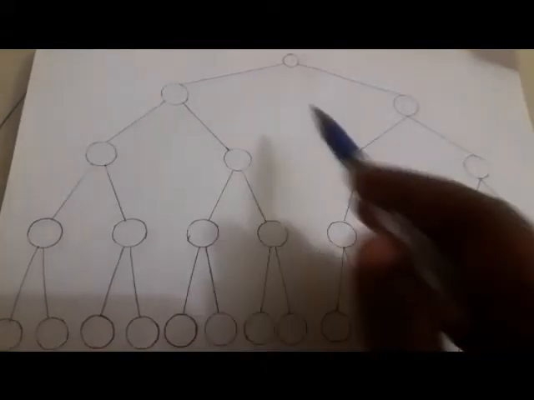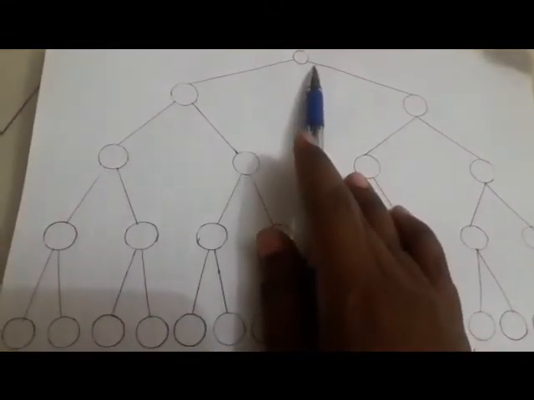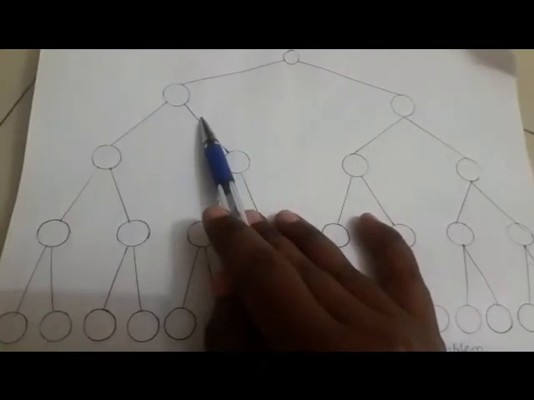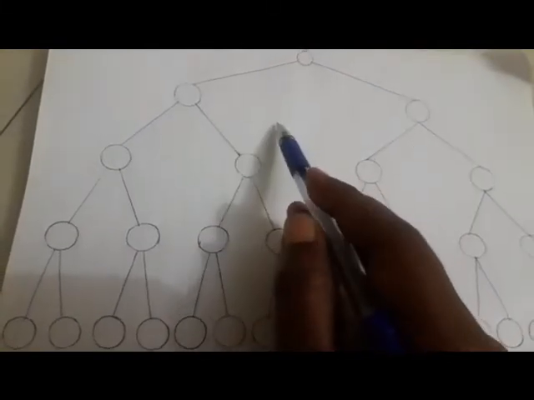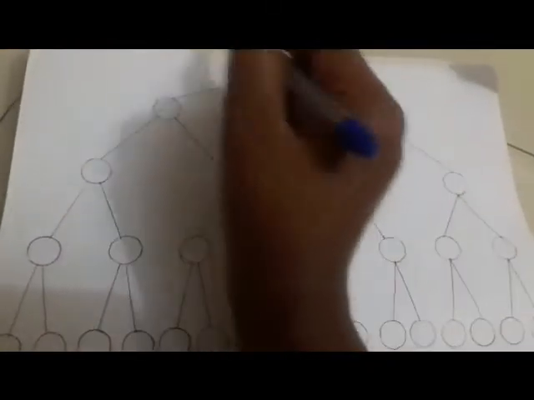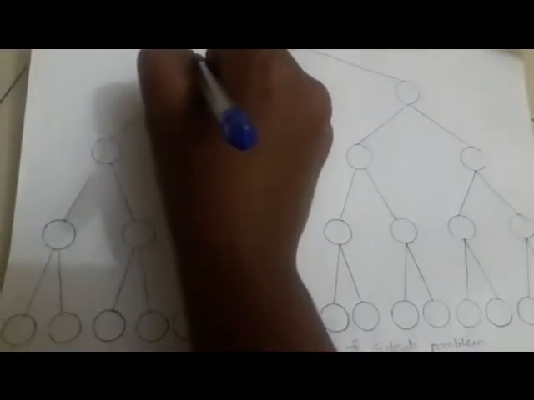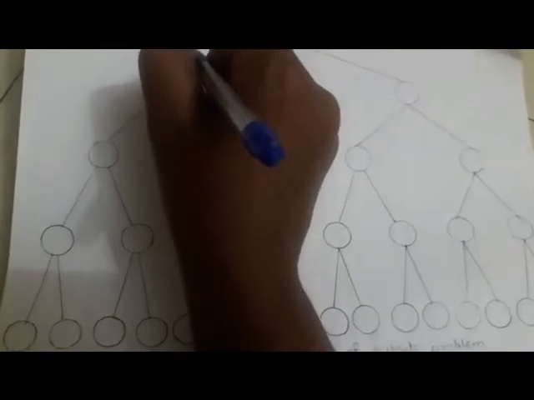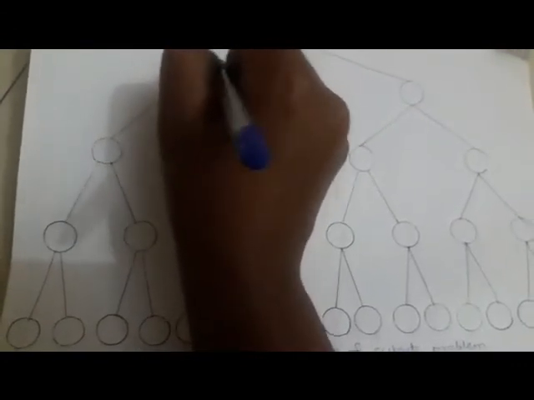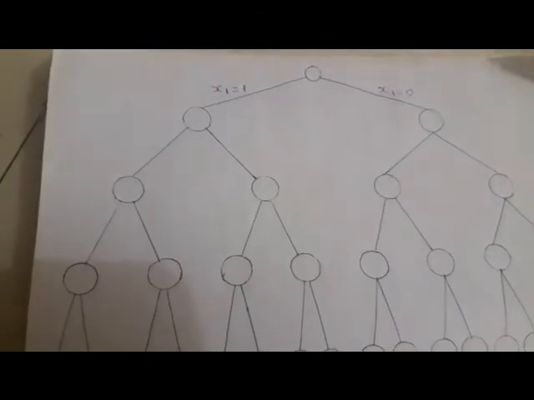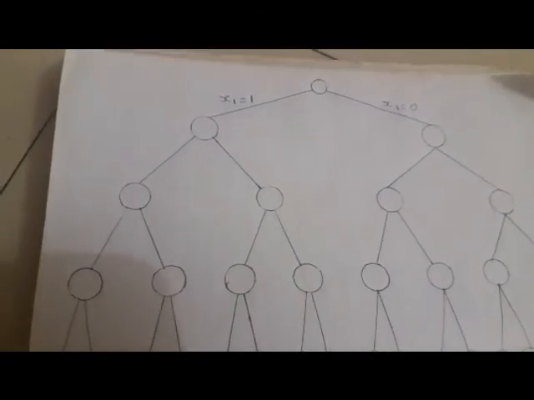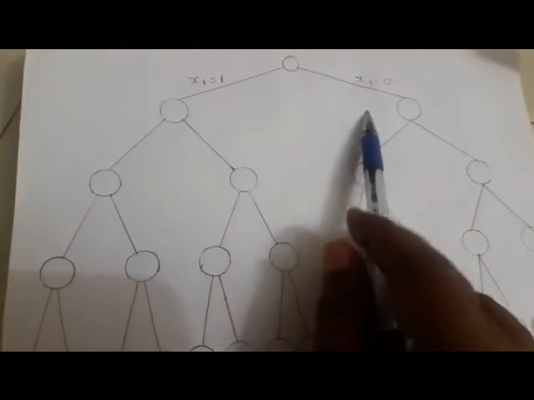The edges from level i nodes to the next level nodes are labeled with the value of xi, which is either 1 or 0. Now let's see. Here the value for x1 is equal to 1, and here the value for x1 is equal to 0, like this. Now it is either 1 or 0.